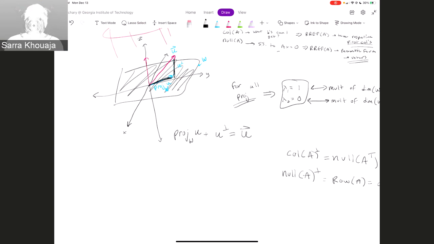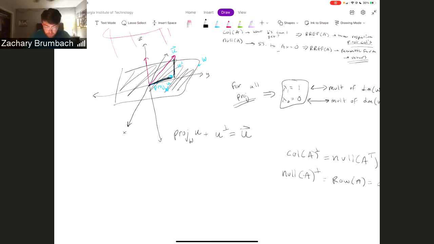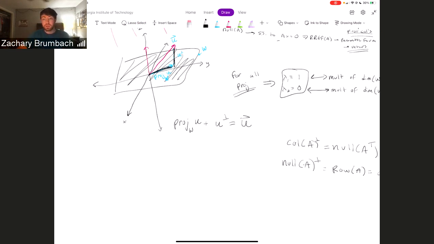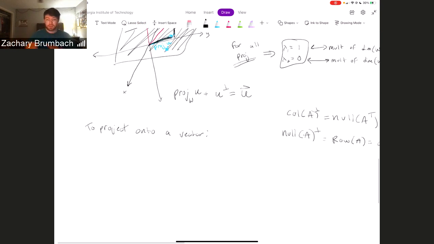There are a set of equations that you guys can use. If it is a line of best fit, you can get close. But one of the big equations to learn, that will be probably one of the most important equations you learn in this class going forward, is to project onto a vector. There's a simple computation and there's a matrix you can use.